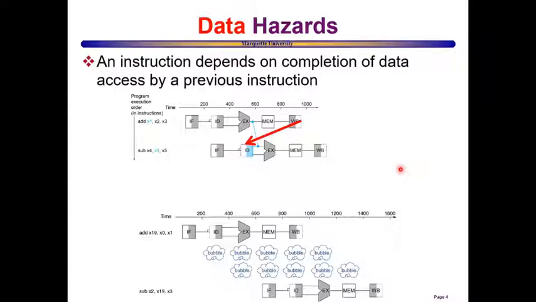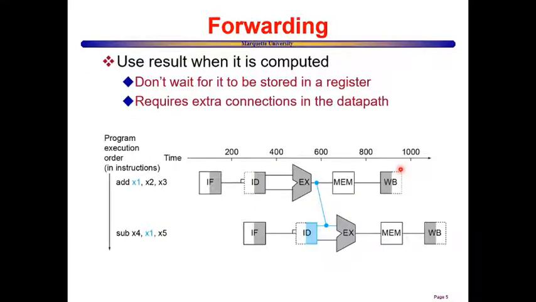Now, there is one technique called forwarding that can address to some extent that challenge, and the idea is not to wait and introduce those bubbles until the destination register is written with the correct value, but to look at the pipeline and recognize that we could identify where the earliest during the execution of the first instruction that value is available, identify where it is needed the earliest in the subsequent instruction, and try to see if you can just forward and bring with additional wiring and possible multiplexers that result to the next instruction where it's needed.